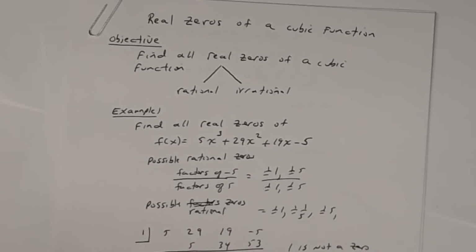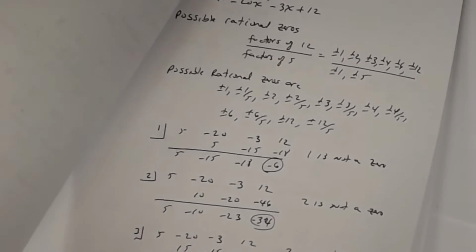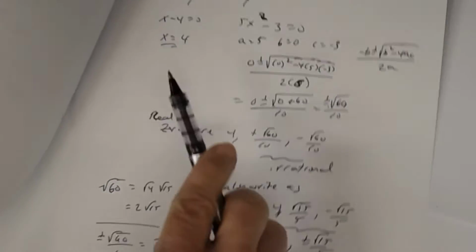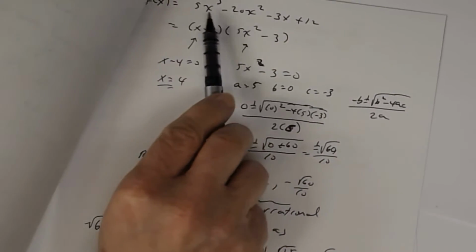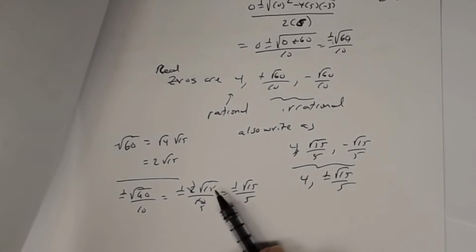So in this lesson, that's where you started looking at, if I can find one real quick, that's where you noticed that a cubic function can also have irrational solutions.